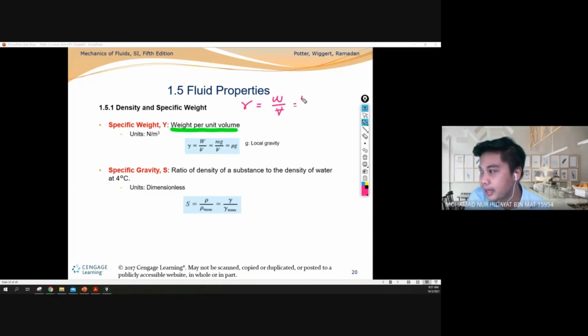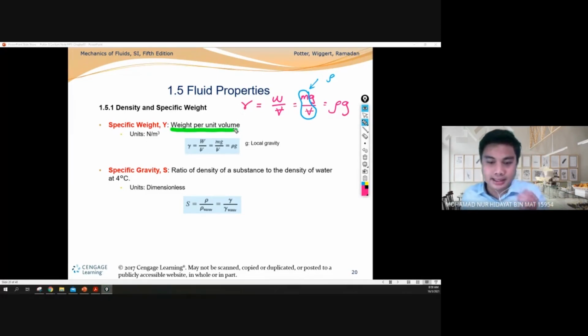Weight is the mass multiplied with gravity, over volume. You know that mass divided by volume gives the density. That is why density multiplied with gravity is actually the specific weight, gamma.